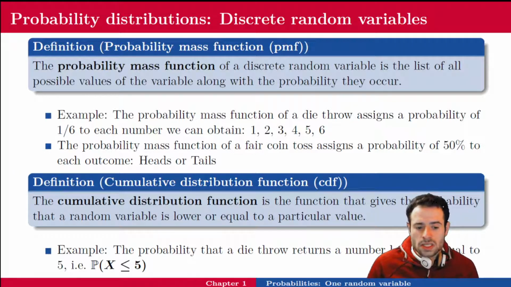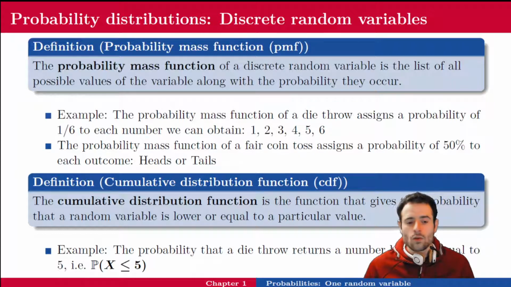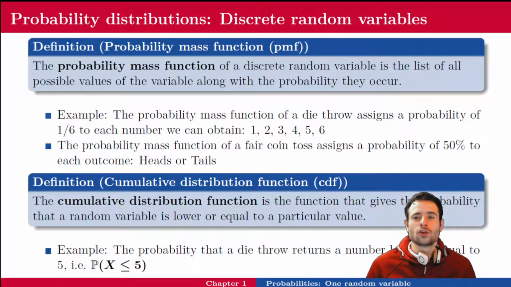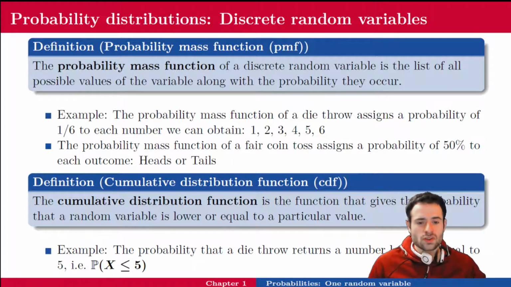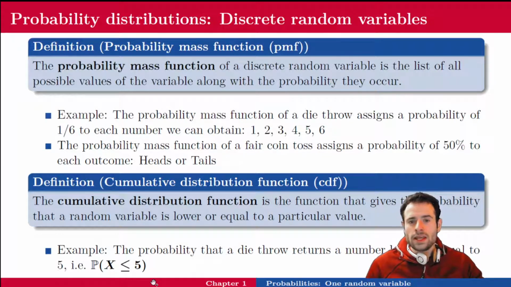So the probability of getting a number equal to 5 or less will be equal to 5 over 6. As soon as you see the probability of being equal to a number, we will talk about the probability mass function. As soon as you see a lower or equal, a bigger than, or any inequality sign, then we will be looking at a cumulative distribution function.